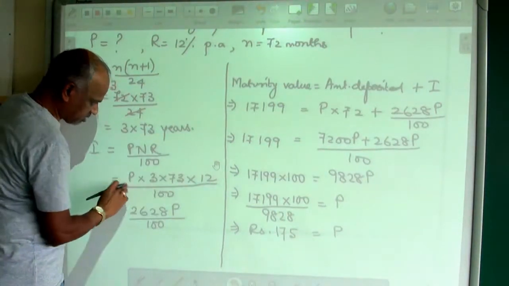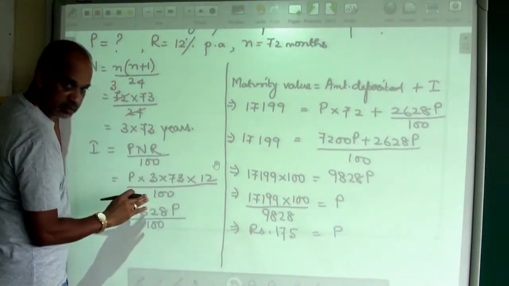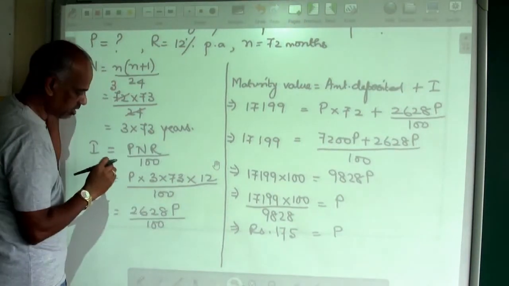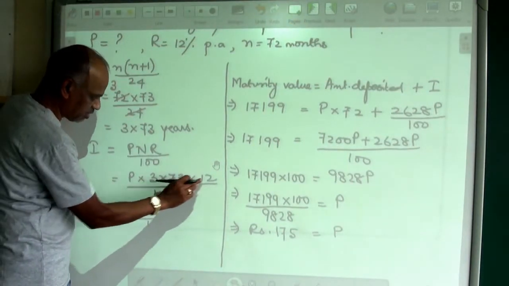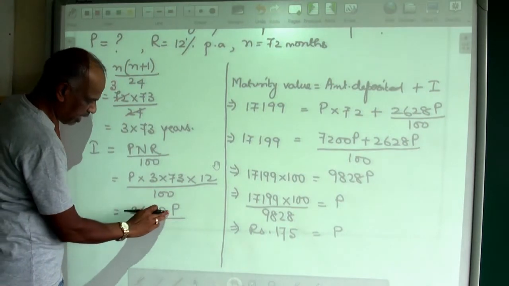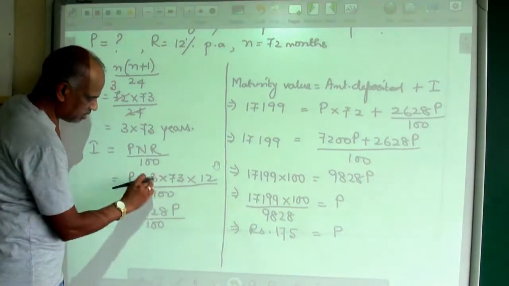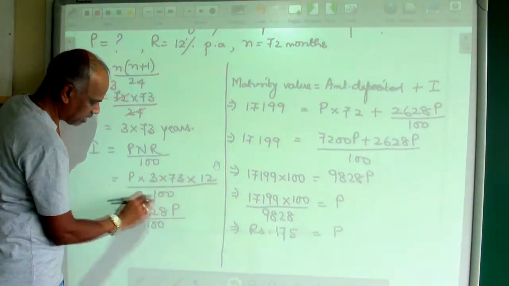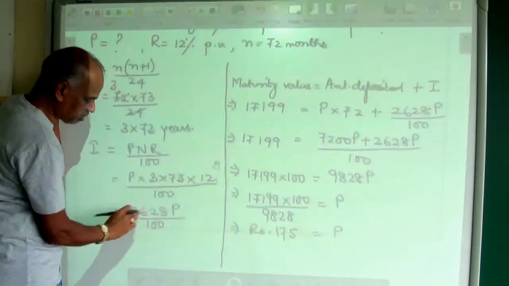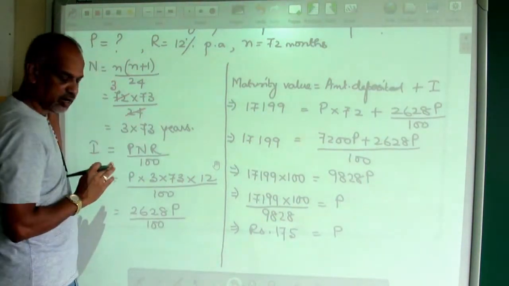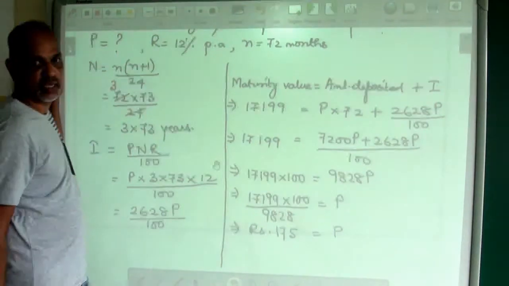If you multiply this, don't cancel anything, let the 100 remain. P into 3 into 73 into 12 gives you 2628P. That's 2628P divided by 100 is the interest.